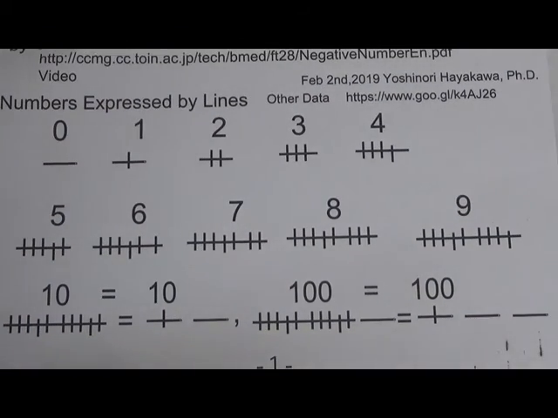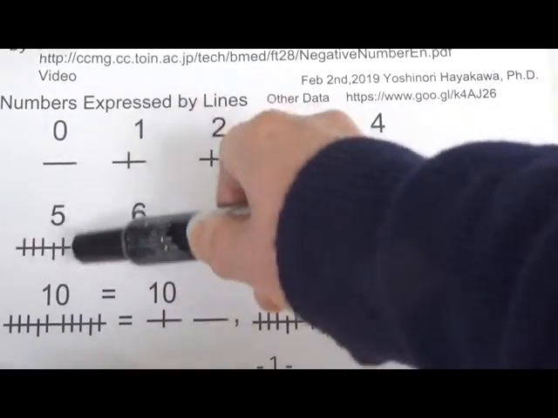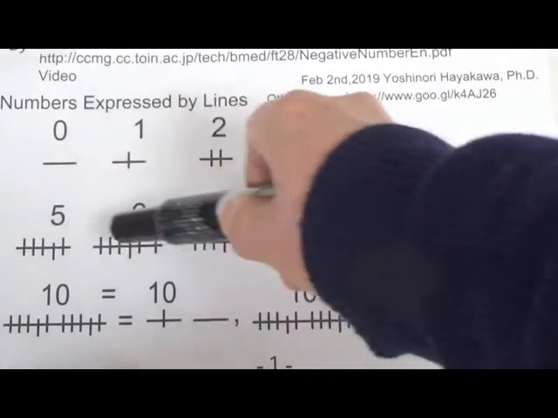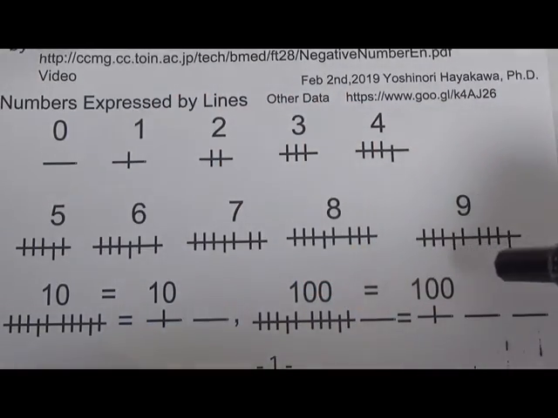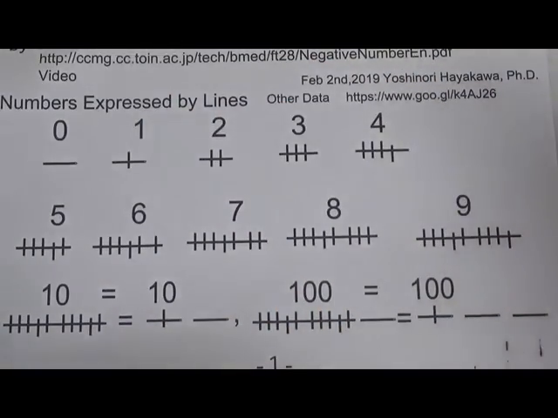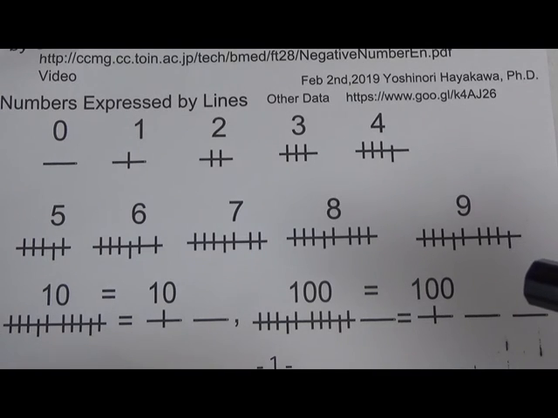In the previous report, which is the reference video, the 5 is shown by 5 points or 5 lines. But because writing many lines and counting many lines takes time, the calculation takes a lot of time.